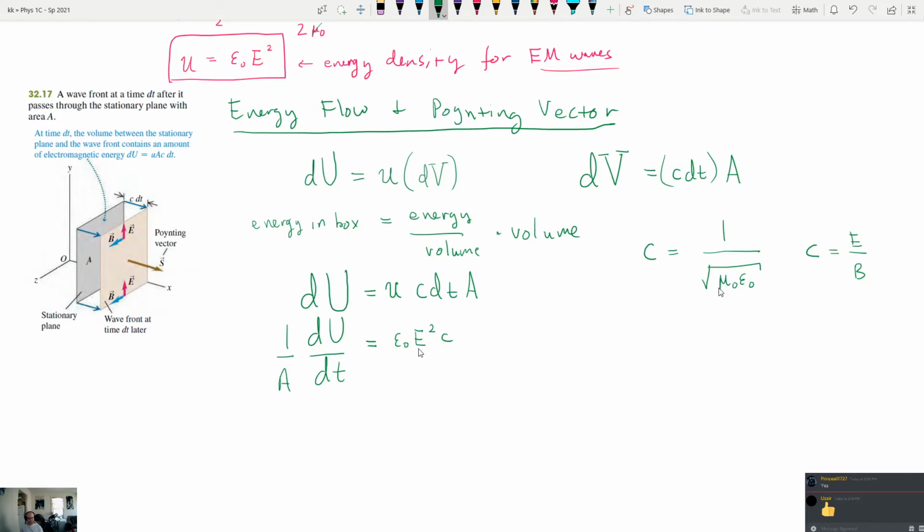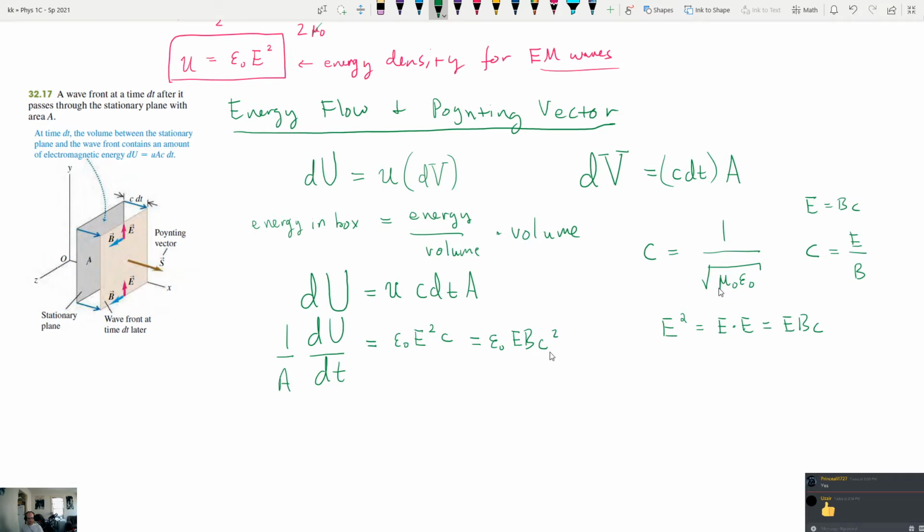To get B in here, I think we need to write E squared should be equal to, according to this equation, since E is also equal to B times c, then E squared should be equal to, obviously, E times E, which would be E times B times c, right? So if we plug that into here, we're going to get epsilon naught E B c squared.